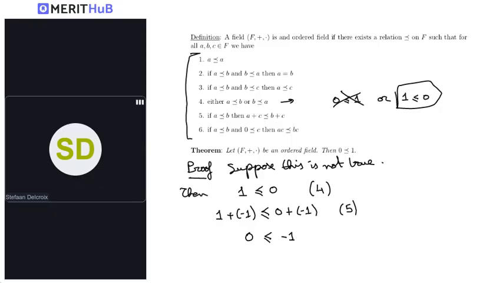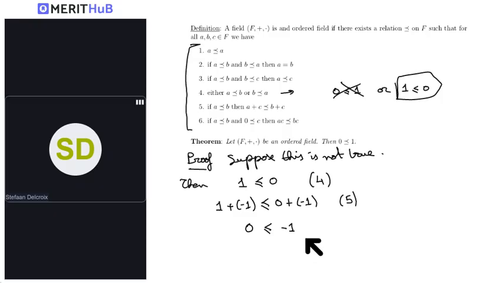Now I have a positive element. What can I do? I can multiply both sides of an inequality by a positive number. Here, I'm going to multiply the inequality 0 is less than or equal to negative 1 by negative 1. So we get that 0 times negative 1 should be less than or equal to negative 1 times negative 1. Which property is saying that?